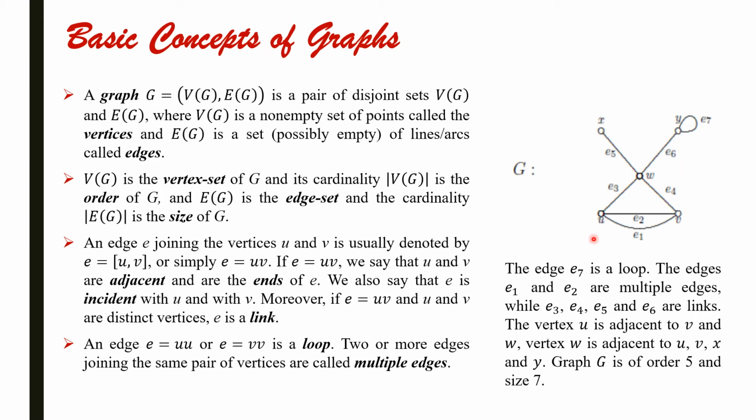The vertex U is adjacent to V and W. Vertex W, on the other hand, is adjacent to U, V, X, and Y. Since there are 5 vertices in this graph, the order is 5, and because of the 7 edges, the size is 7.